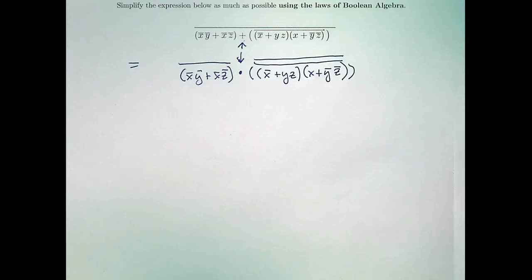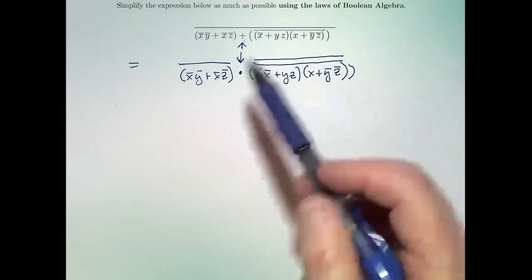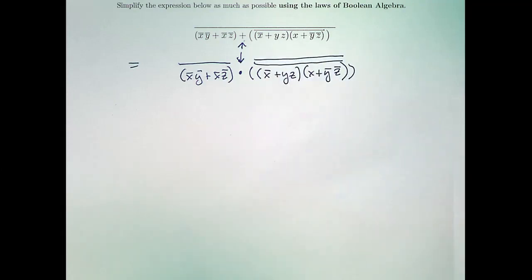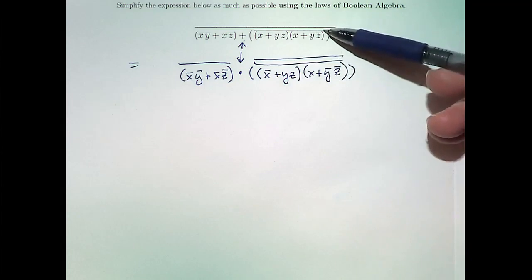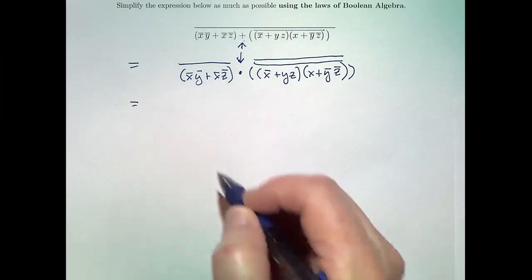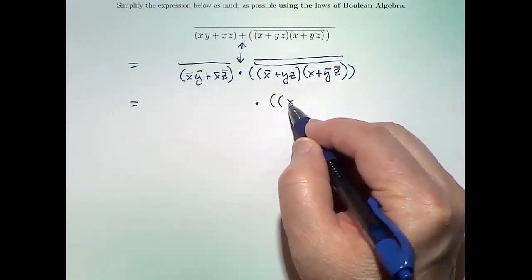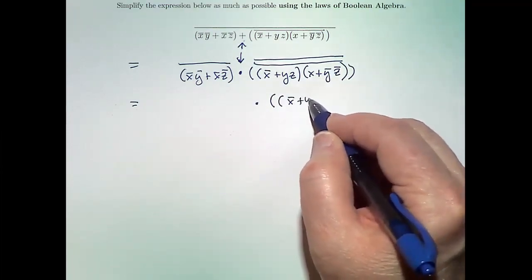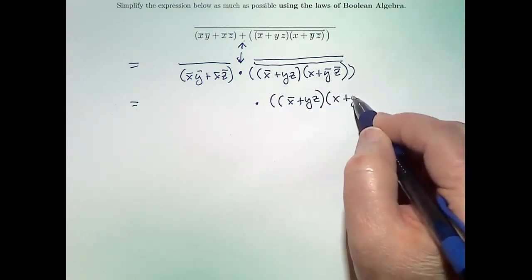Some of you might have done this problem differently, where you first tried to simplify this part, but it might be easier to first bring this complement down because they're going to cancel out. So this makes your life a lot easier. Okay, so this part is just going to become x bar plus yz and x plus y bar z bar.